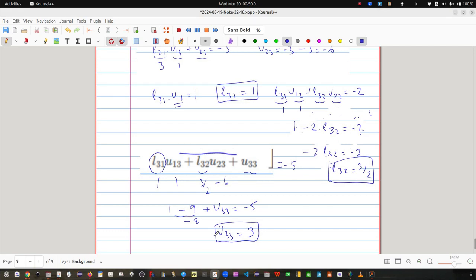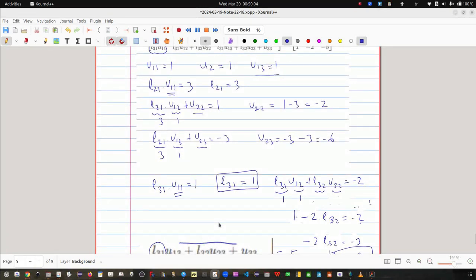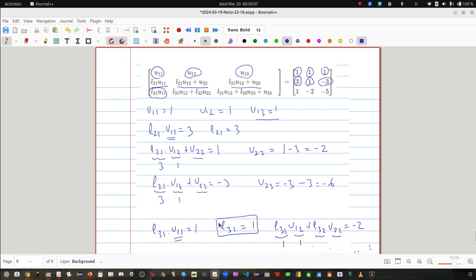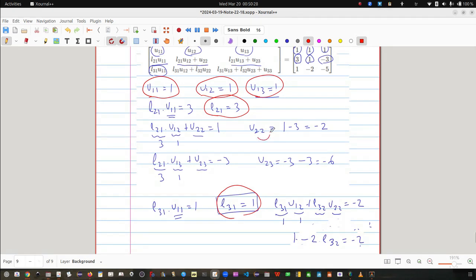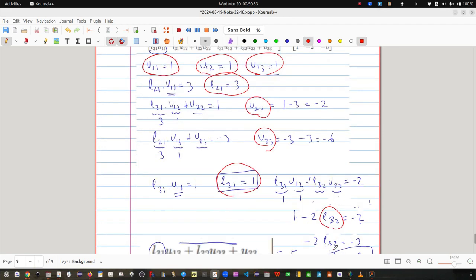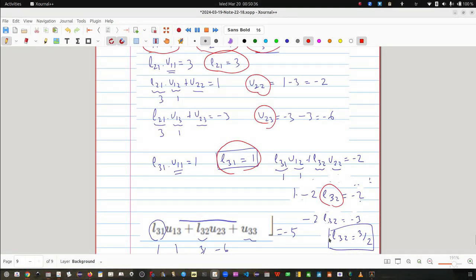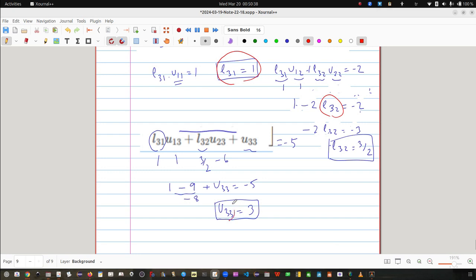So from here, we are able to collect all the variables. So let's see, our variables are U11, U12, and U13, and then L21, and then L31, and then U22, and U23, and L32, and U33.